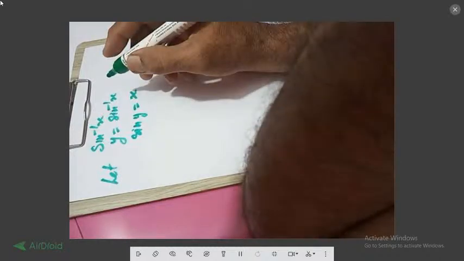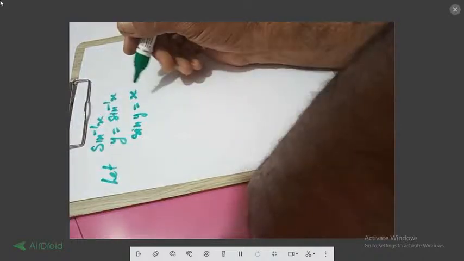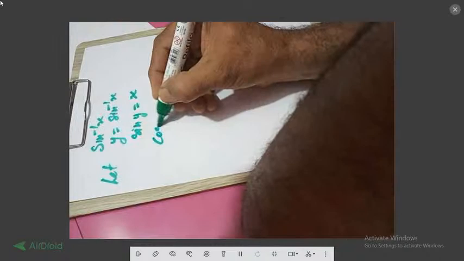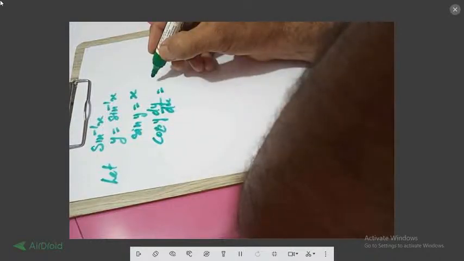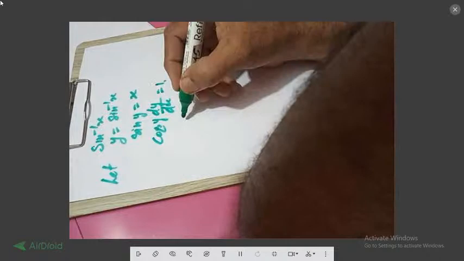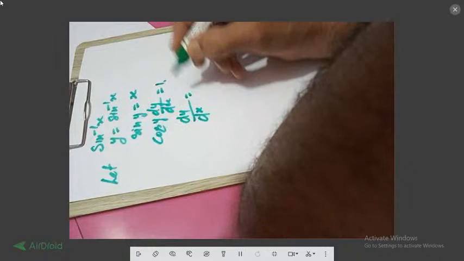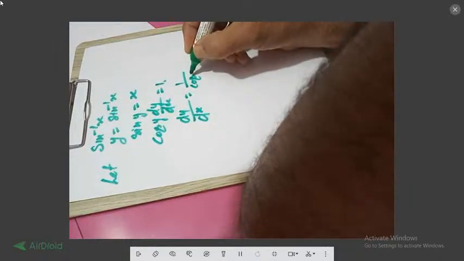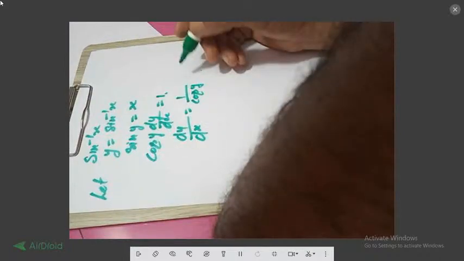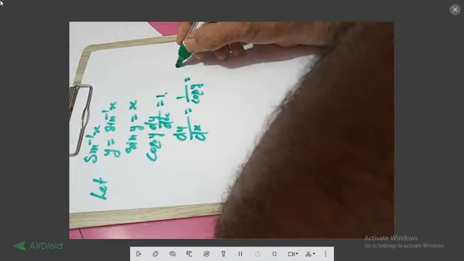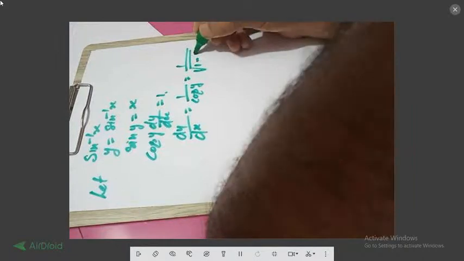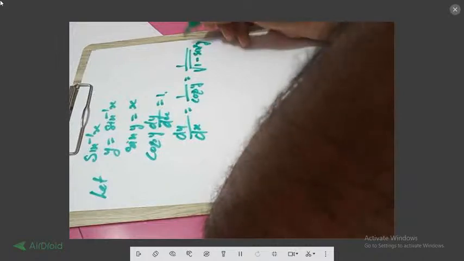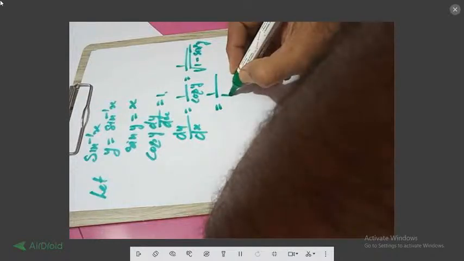Now differentiate with respect to x. This becomes cos y dy by dx is equal to 1. dy by dx is equal to 1 oblique cos y, and this is equal to 1 under root 1 minus sine square y, and this becomes equal to 1 oblique under root 1 minus x square.